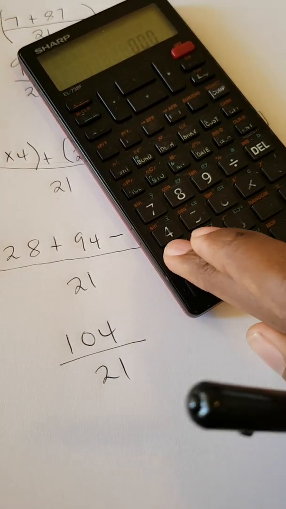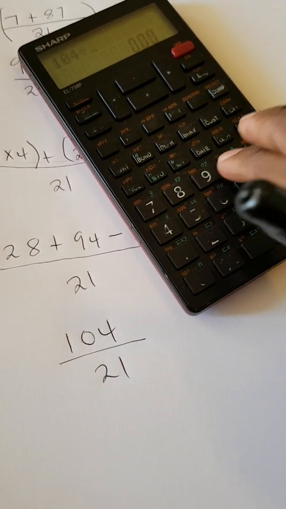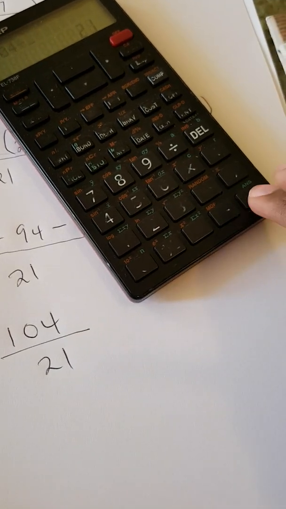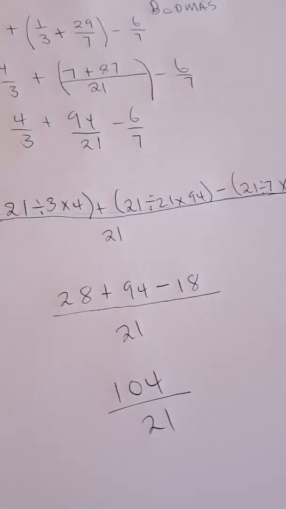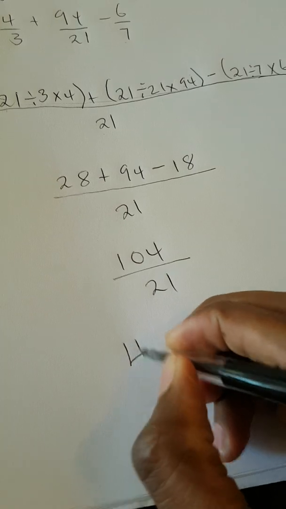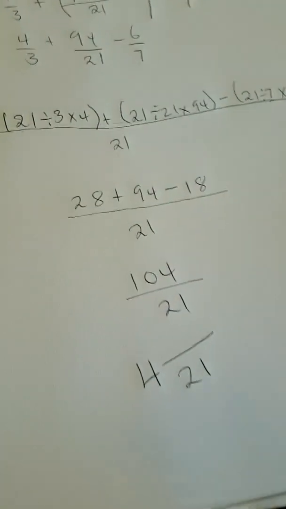And then you will ask, how many times does 21 go into 104? So let's do it here. 104 divided by 21 is equal to 4.95, so it means it goes 4 times. We need to know it goes 4 times leaving what.